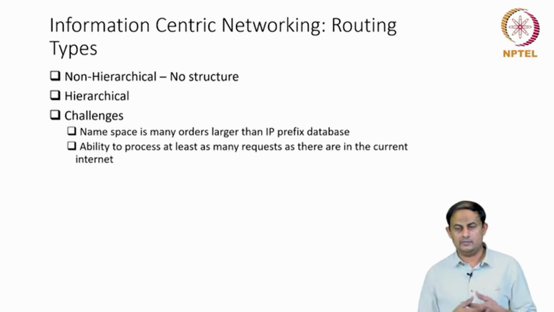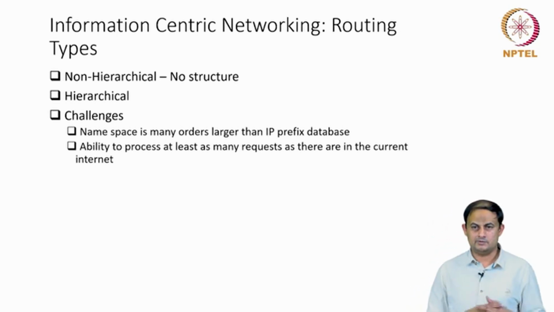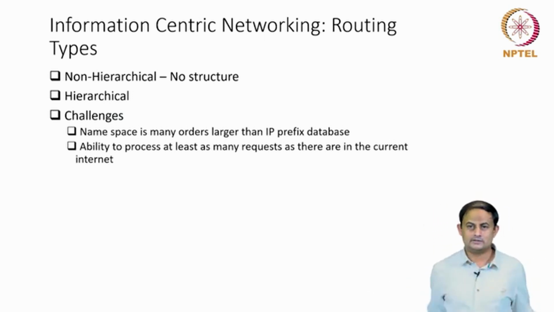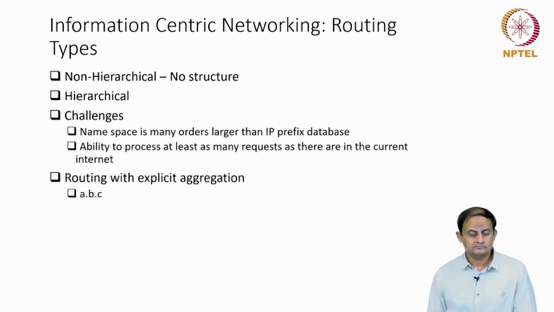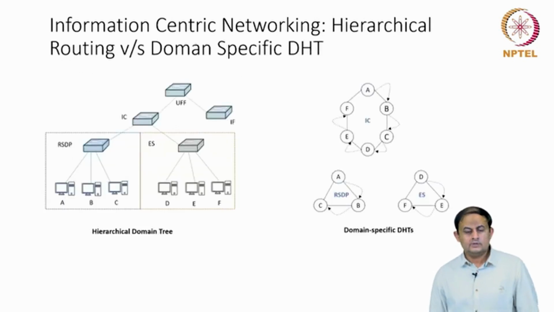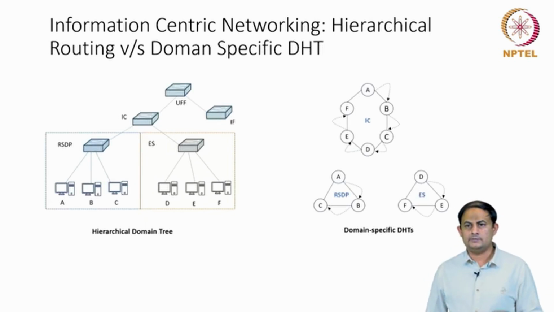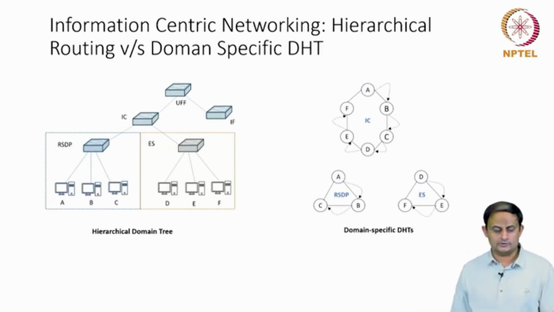Apparently, the hierarchical mechanism appears to be better, but we don't know yet whether this can work on a network which is as big as the internet. So the hierarchical routing table is one aspect, and there are other routing mechanisms that are also possible.